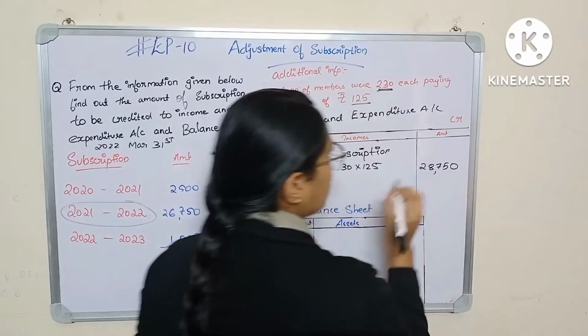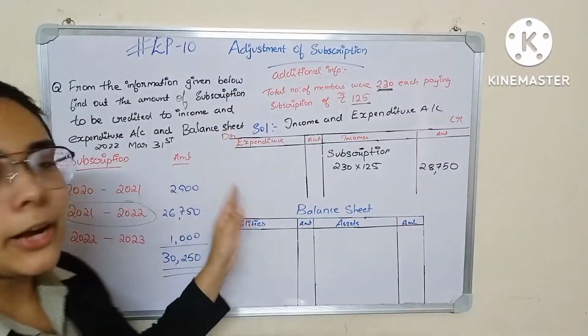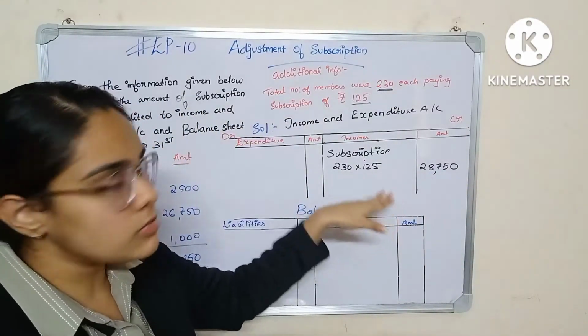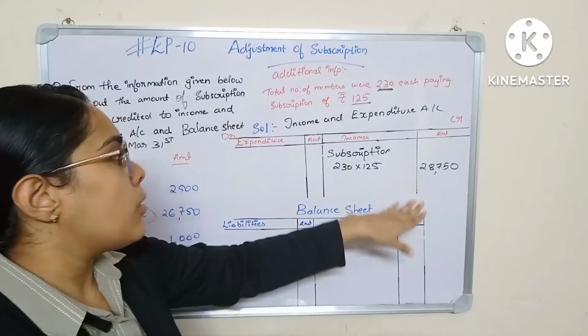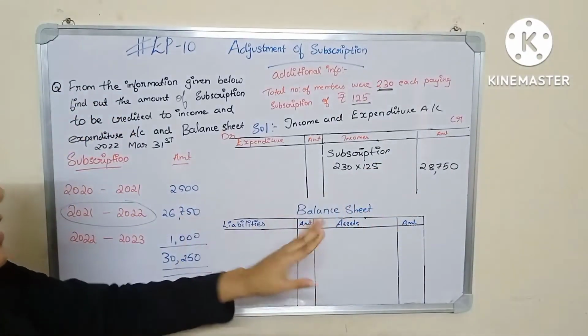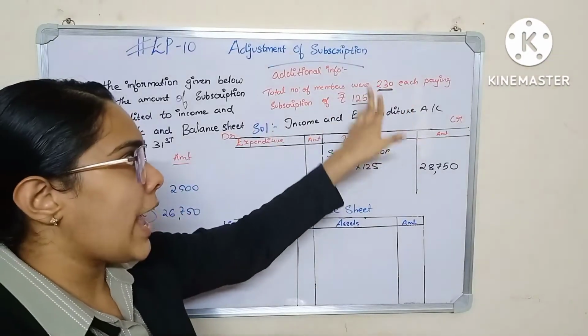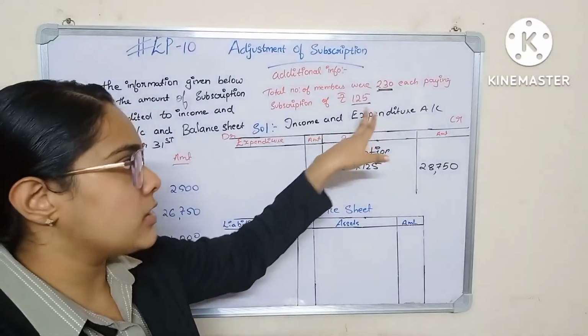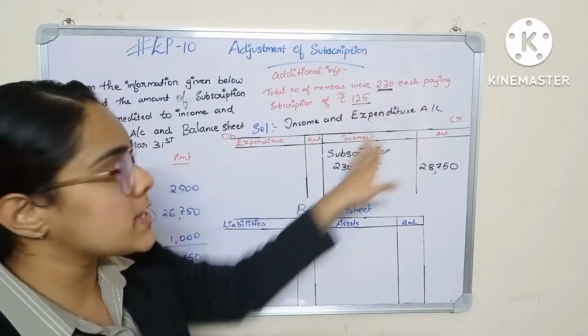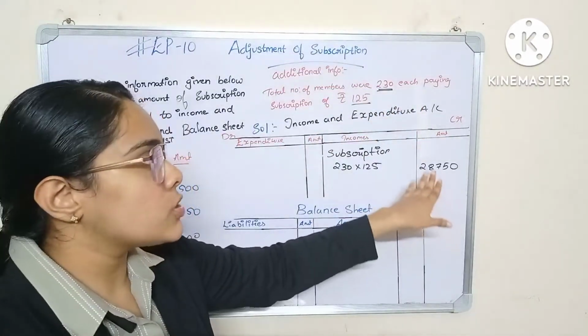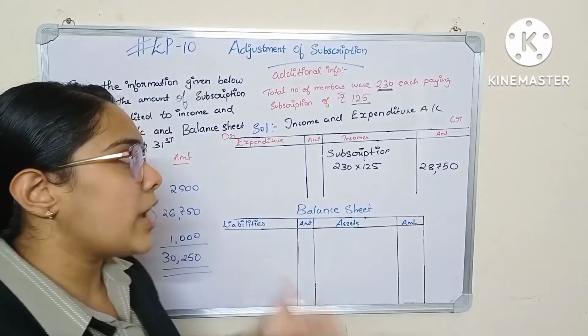This is the amount to be credited to the income and expenditure account. Only this much you have to show. If you're given the number of members and their subscription per head, you can just multiply those figures and get the amount to be shown in the income and expenditure account.